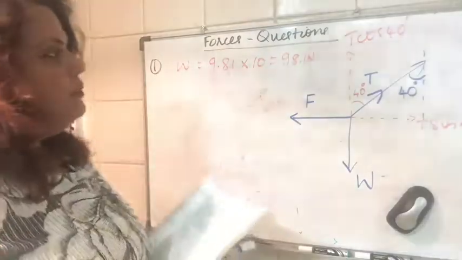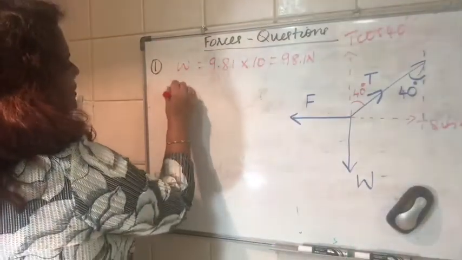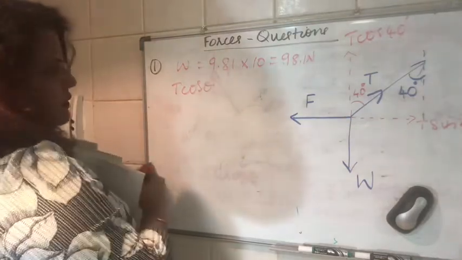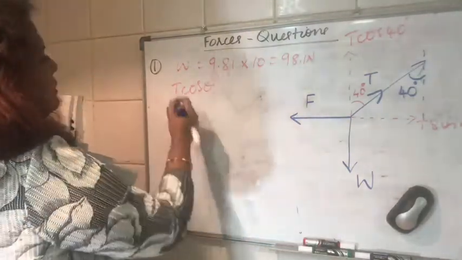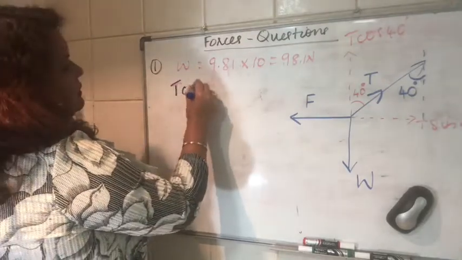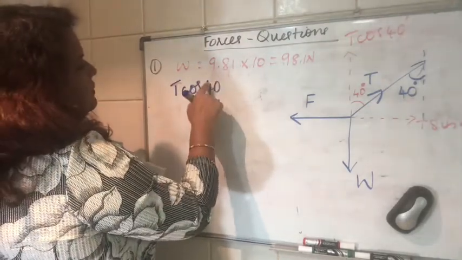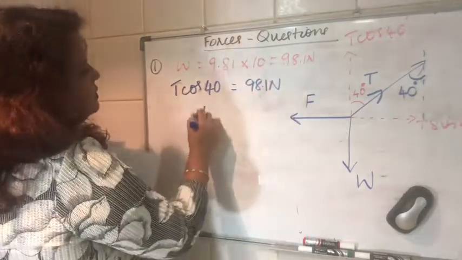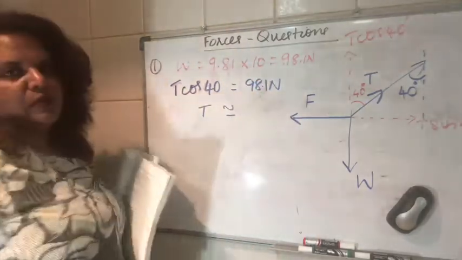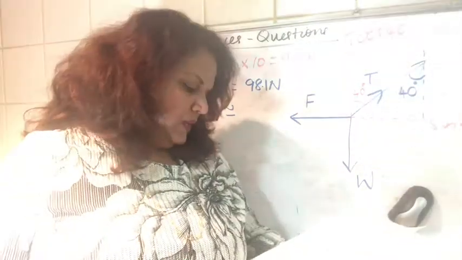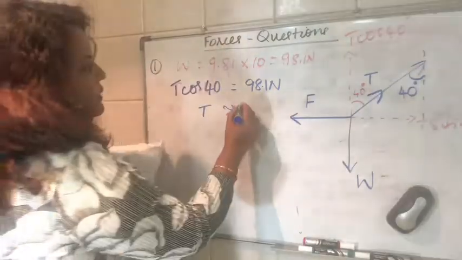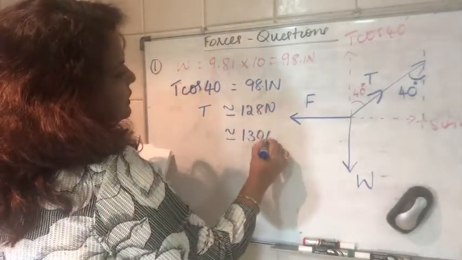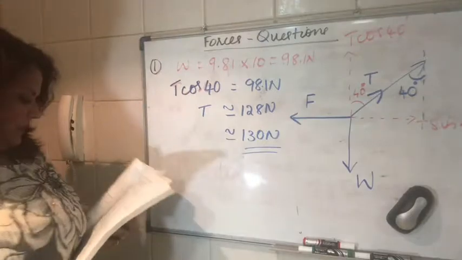So for equilibrium, T cos 40 will be equal to 98.1 Newton. So from here, if you find T, I think you get 128 Newton, which can be rounded off to 130 Newton, and you get that answer, right?